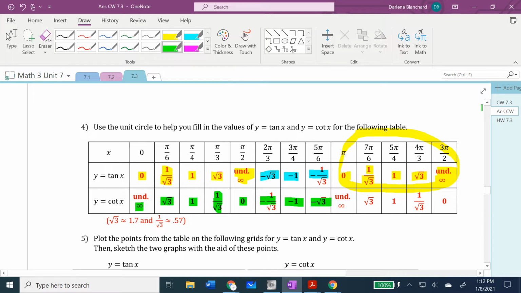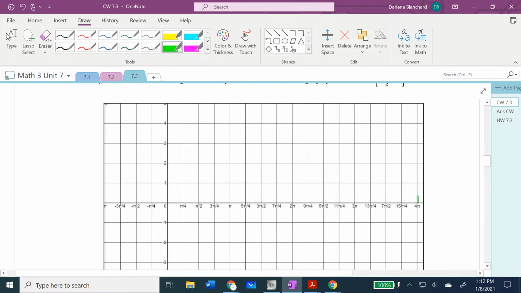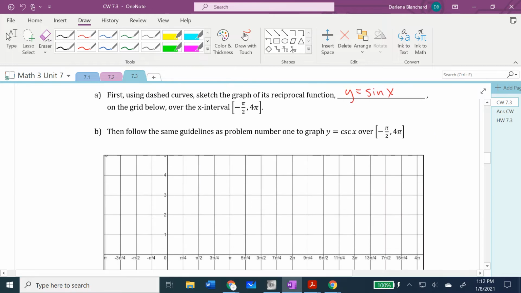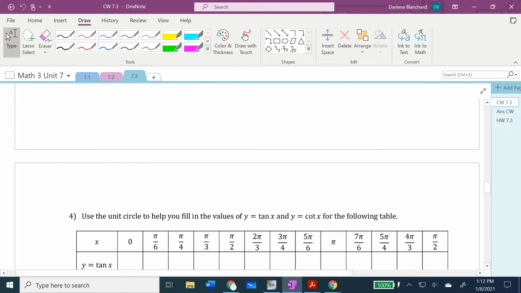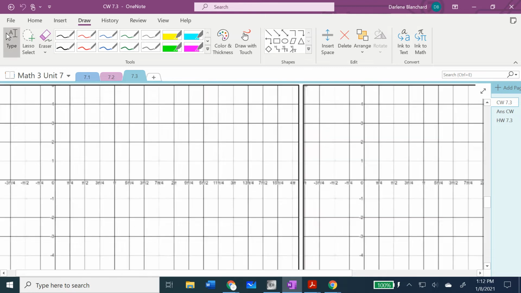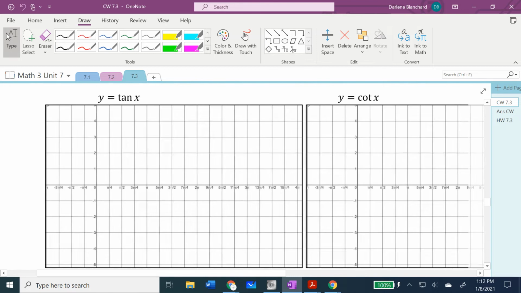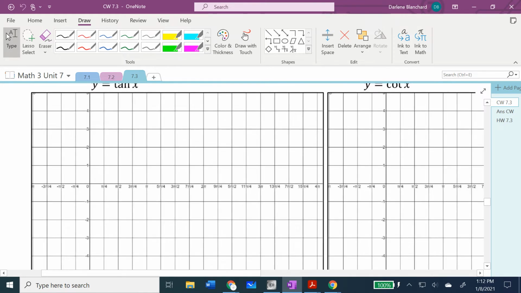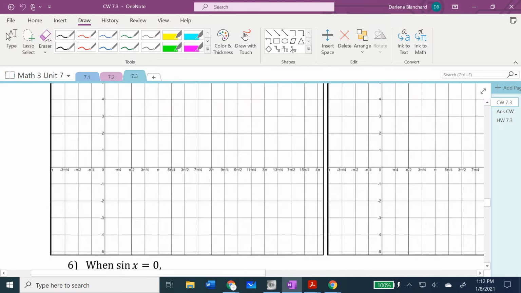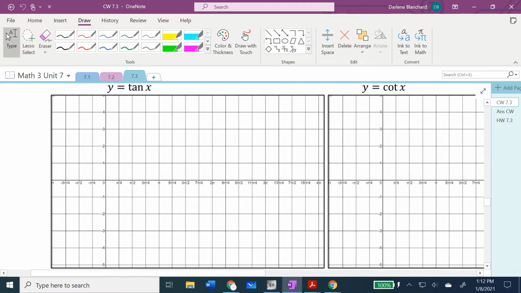So what I want you to do is plot those numbers. It doesn't have to be plotted perfectly.